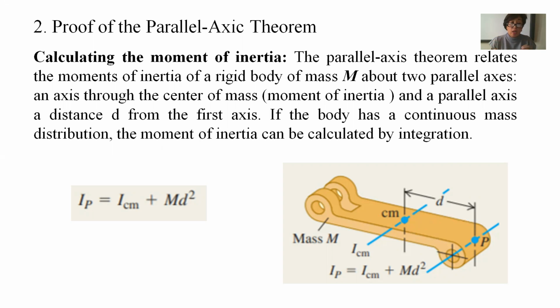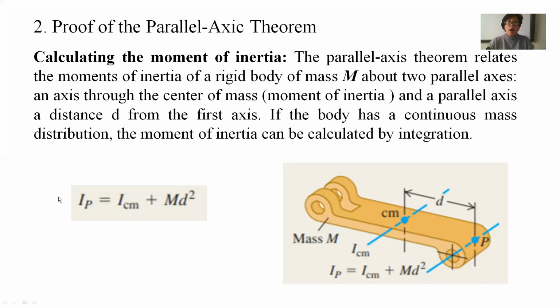If we use the formula of the parallel axis theorem, this is the moment of inertia about one end of the rigid body. We're using the moment of inertia of the center of mass plus the mass of the rigid body multiplied by the distance between point P and the center of mass.